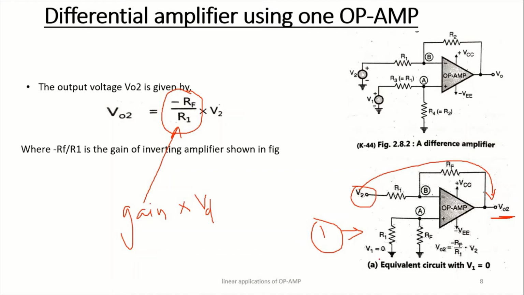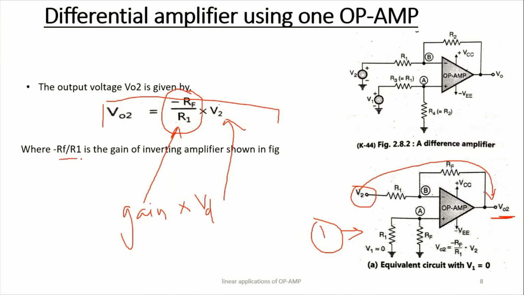Here V1 is 0, therefore the difference of these two signals is only V2, so VD becomes V2. So the output voltage V02 is given as gain into the difference between these two signals, where the gain is minus RF upon R1 and the difference signal is VD. So please remember V02 can be written as minus RF upon R1 into V2.